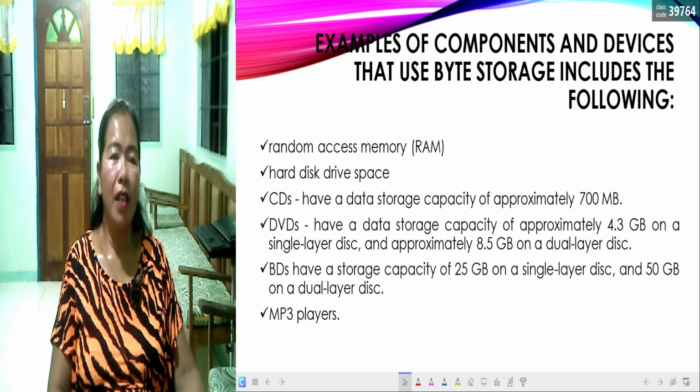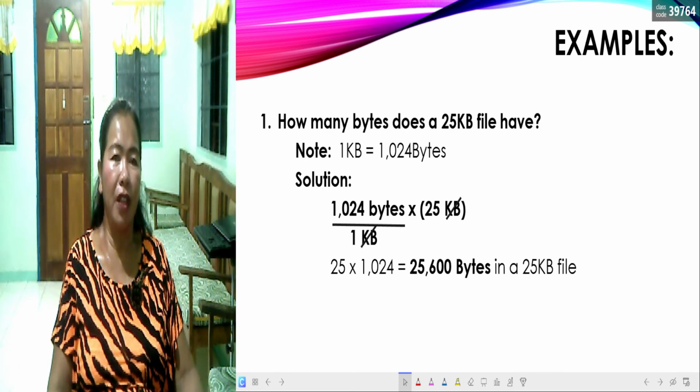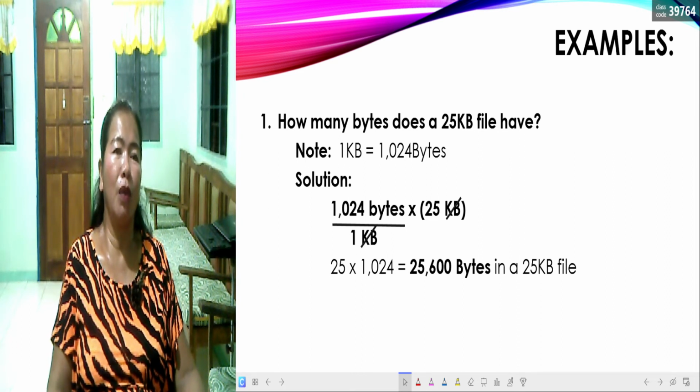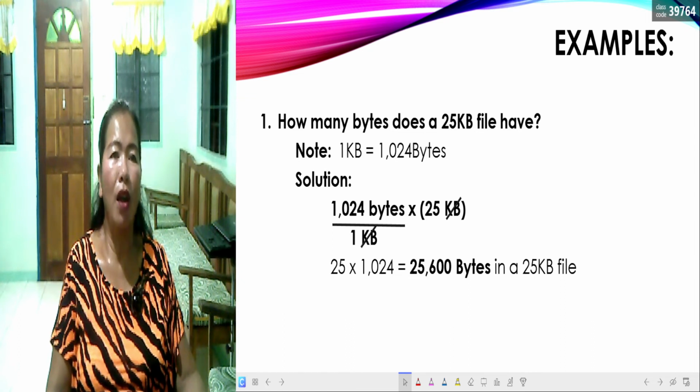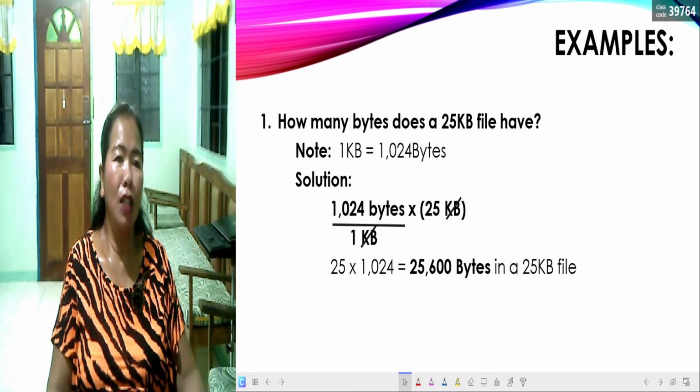Okay, we have here examples. There are only two. I'm preparing two examples for this conversion. How many bytes does a 25 kilobyte file have? Let us take into consideration that 1 kilobyte is equivalent to 1024 bytes. So that is 1024 bytes over 1 kilobyte, or that is the ratio.